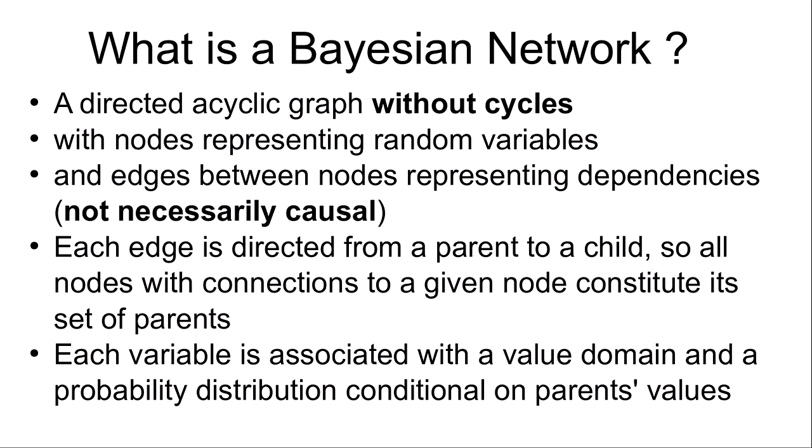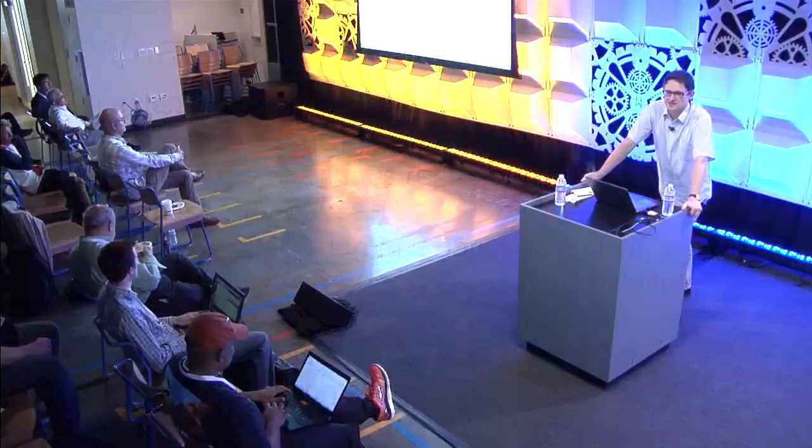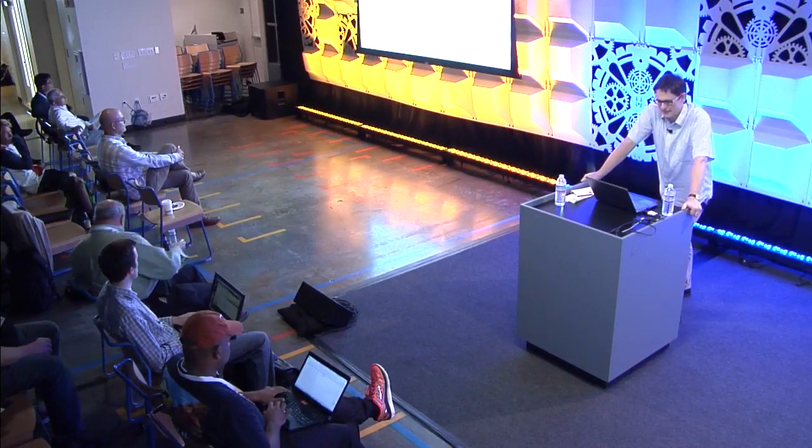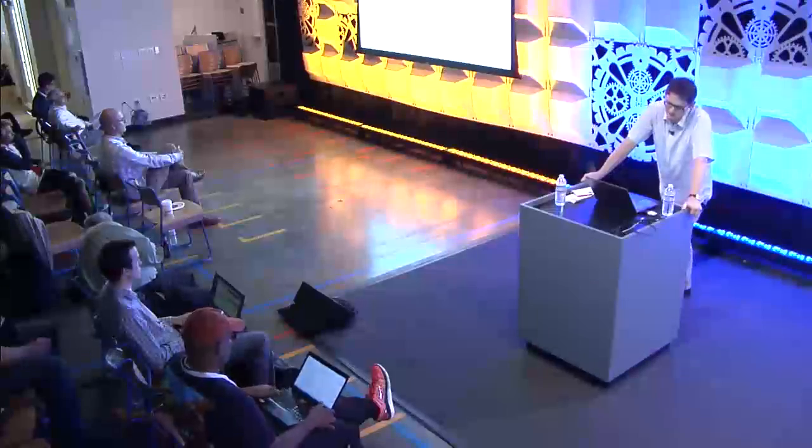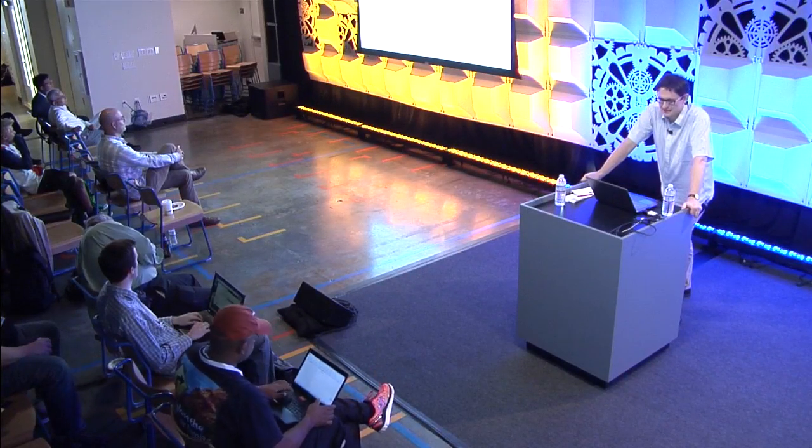Nodes will represent random variables, as we saw, and edges between those nodes represent dependencies. These dependencies are, again, causality is a separate thing, and we will not address it too much. But the dependency is a simple fact that you will have a statistical dependence between the two variables.